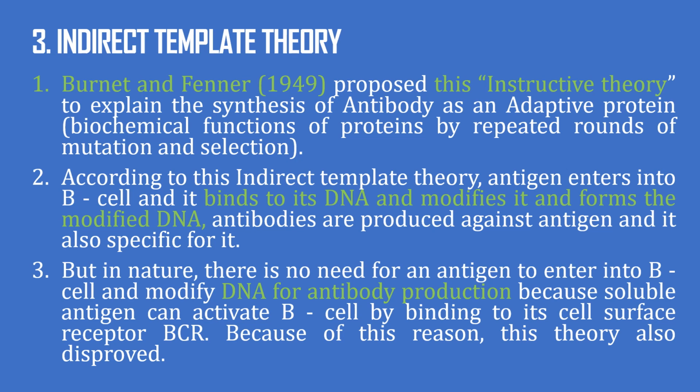Antibodies are then produced against the antigen and are specific for it. But in nature, there is no need for an antigen to enter the B cell and modify DNA for antibody production, because soluble antigen can activate a B cell by binding to its cell surface receptor, the BCR. Because of this, this theory was also disproved.